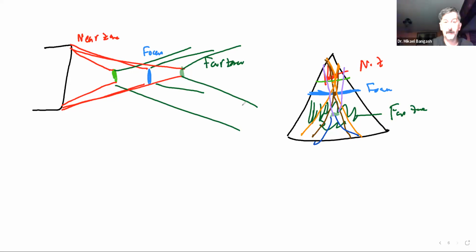And pretty much every system gives you the possibility to focus at multiple depths.